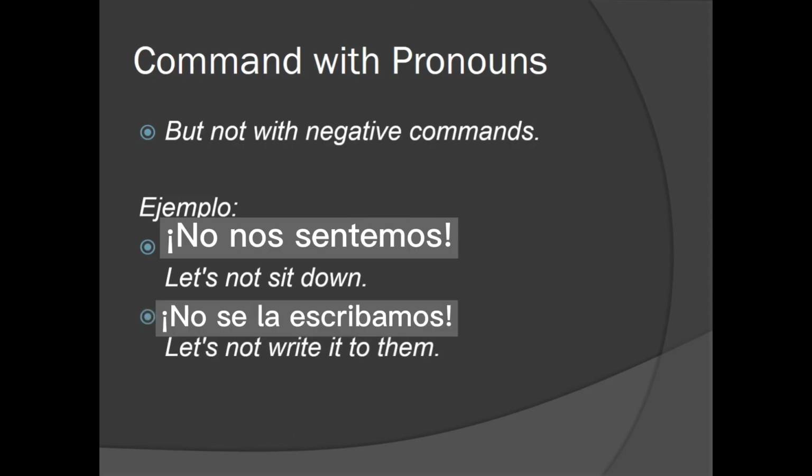And with the example of using indirect and direct object pronoun with command, we have let's not write it to them, no se la escribamos. So we put also the negative word no, and then we detach the indirect object and the direct object pronoun and place them before the conjugated form of the command in nosotros.